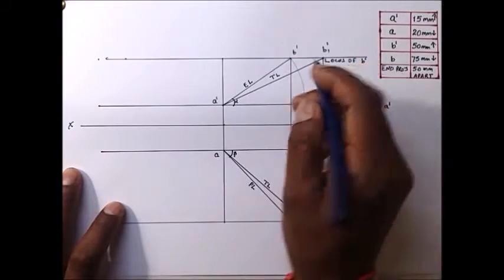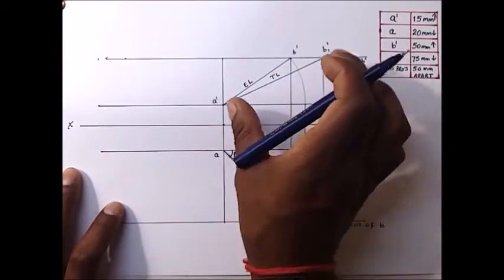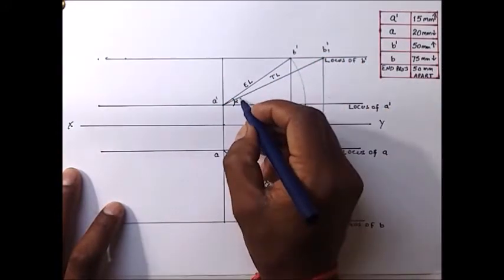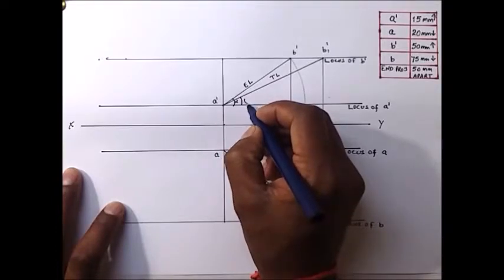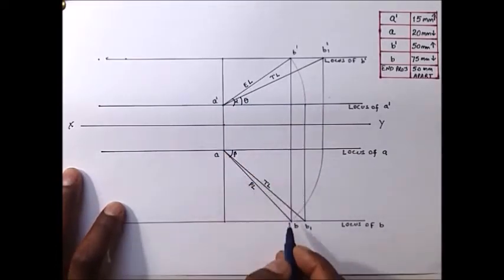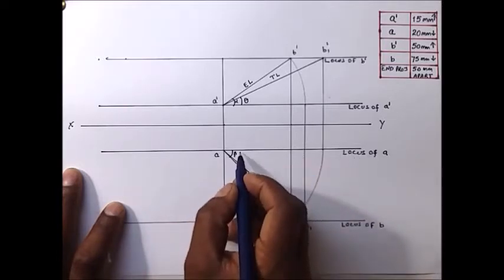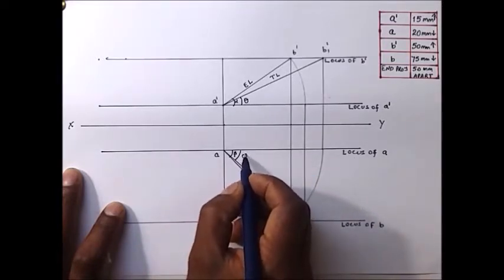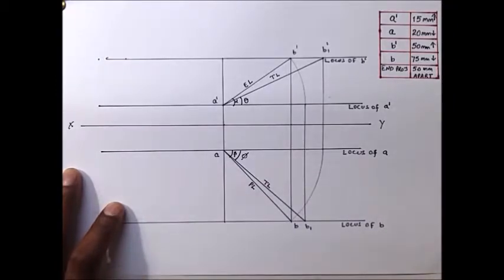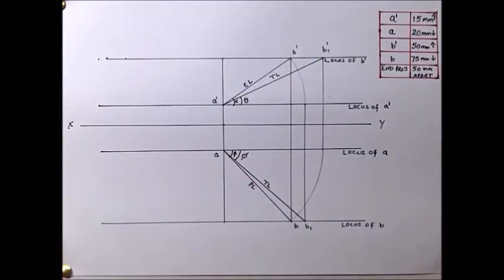And the angle which the true length is making with the locus of A dash is your angle theta, and the angle this true length is making with the locus of A will be your angle phi. So you can measure these angles, and half of the question is solved now.